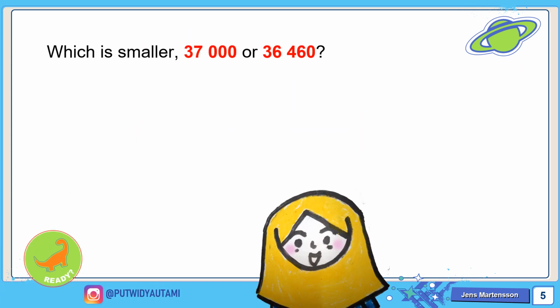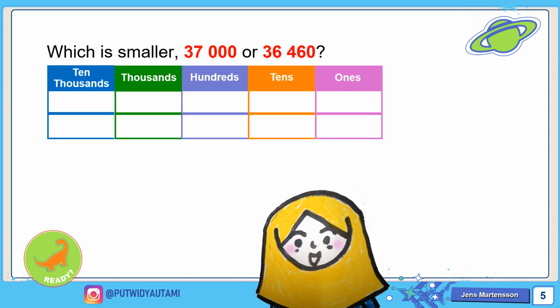Now let's try this. Which is smaller? 37,000 or 36,460? Let's compare them using table. Now, in 37,000, what is the digit in 10,000s?